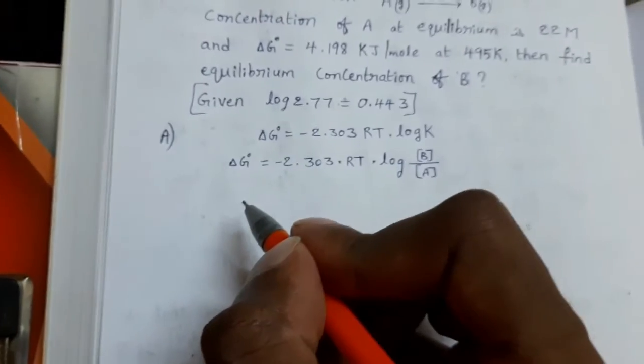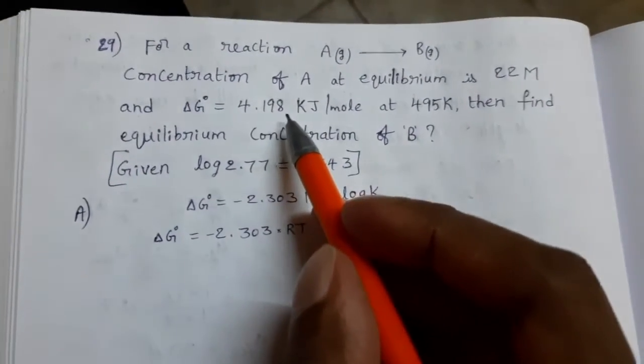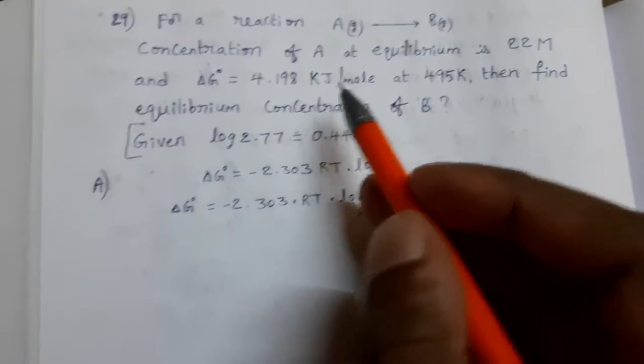Now substitute the value of delta G naught, R and T. Delta G naught is this one, 4.198 kilojoule.